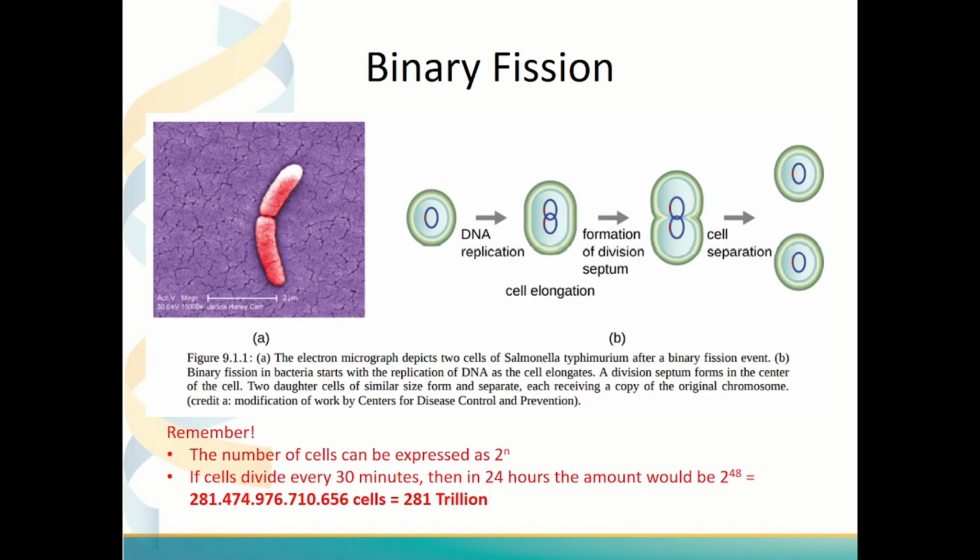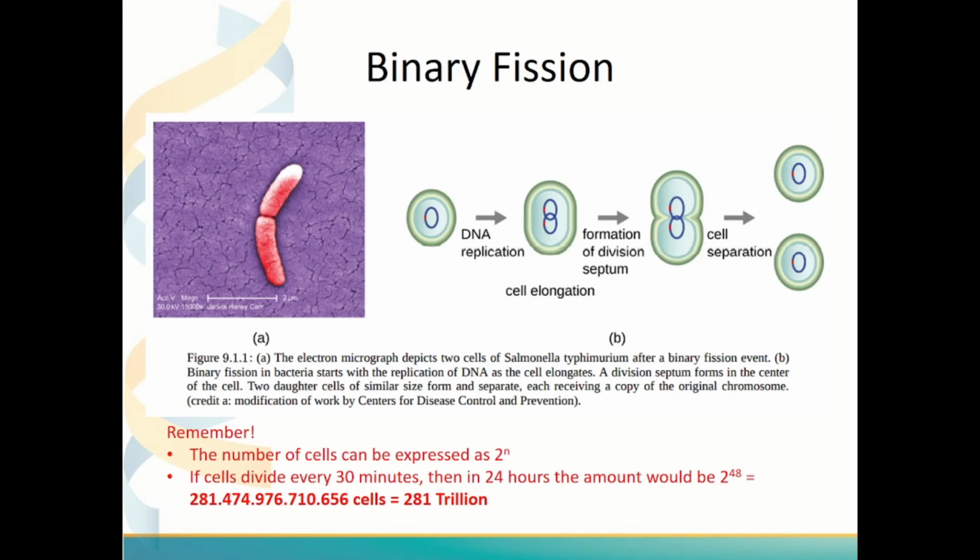By the end there will be two sister cells that are the same as the parent. Please remember that because the bacteria divide themselves, this can be expressed as 2 power n. This is the formula for how we count the number of bacteria.